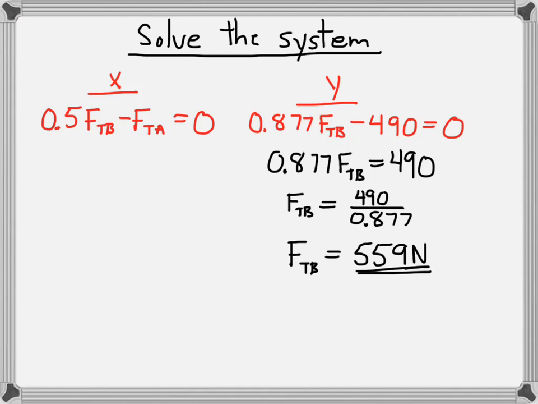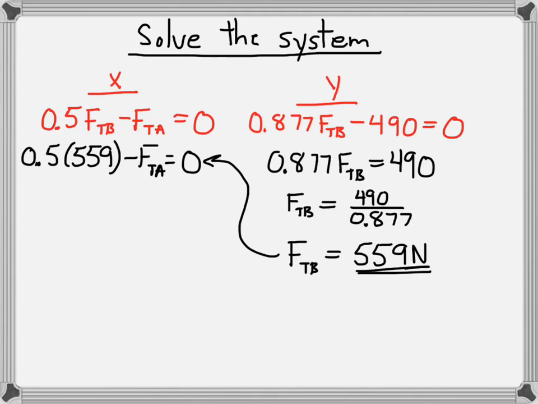I can now use that over here to substitute in. Notice that I've replaced the tension in chain B with 559. I can evaluate that to come up with this equation, and then I want to get FTA by itself, which means I want to subtract 279 from both sides.